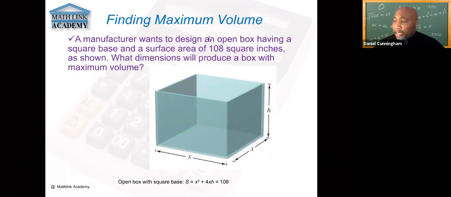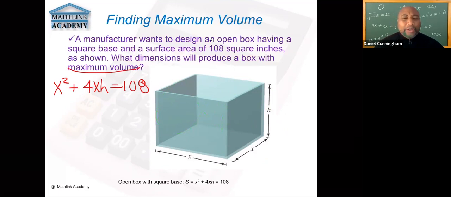So let's rewrite that again. We have the base being x squared plus 4 times x times h, which is 108. The other piece is the maximum volume. How do you find the volume of this particular shape? I'll use V. V is equal to, how do you find the volume of this box?